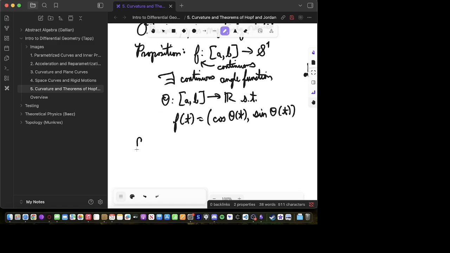And we have that the degree of f is 1 over 2 pi times theta of b minus theta of a.